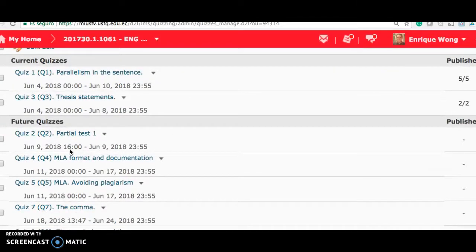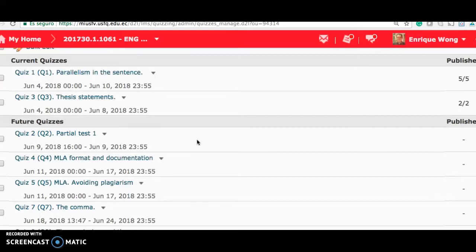You have the partial test on the 9th, and as I announced, the partial test only has one possible chance, because it's a test. This is about thesis statement.